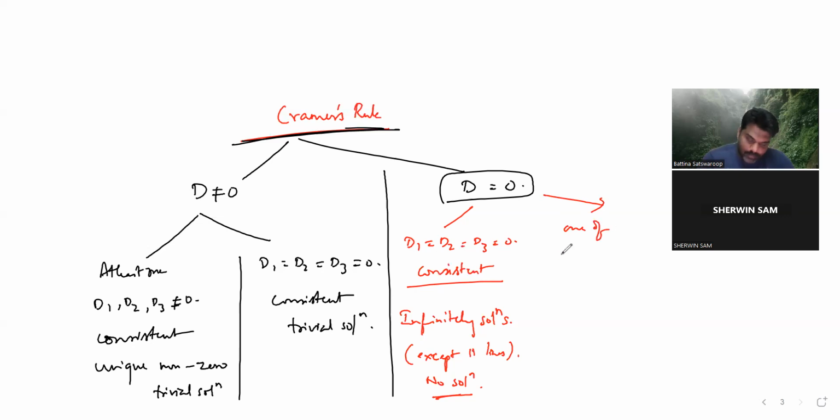If one of D1, D2, D3 is not equal to 0, then it will have inconsistent solutions. Clear? Yes, sir.